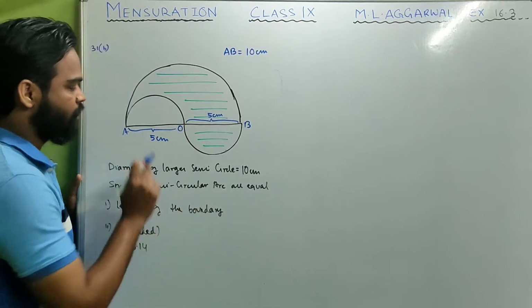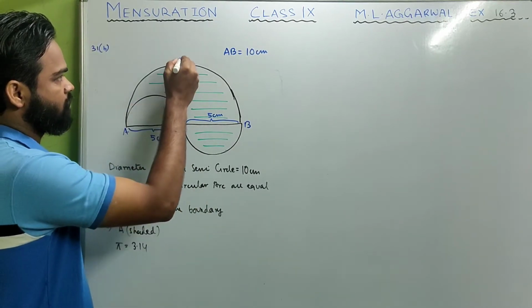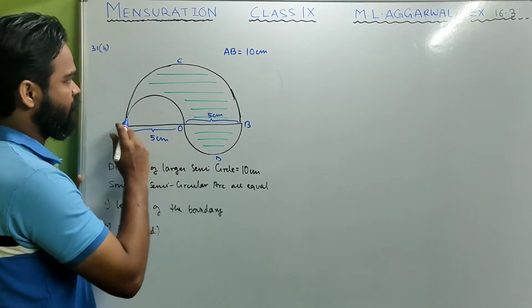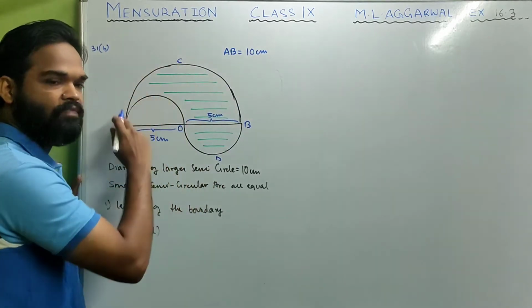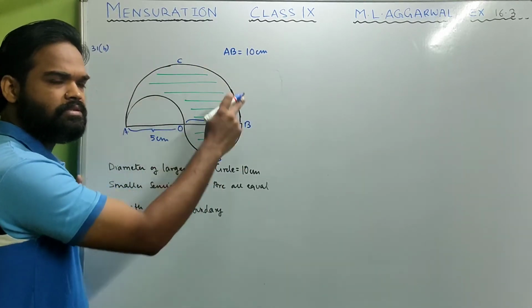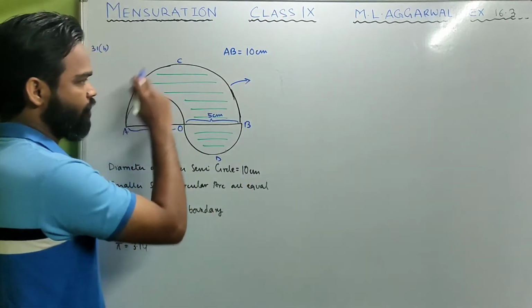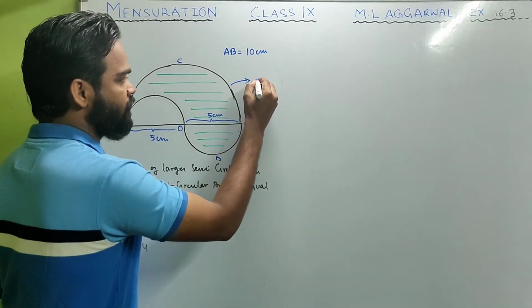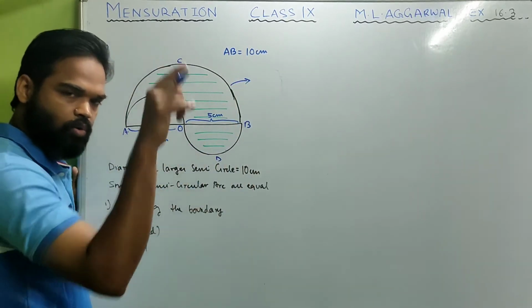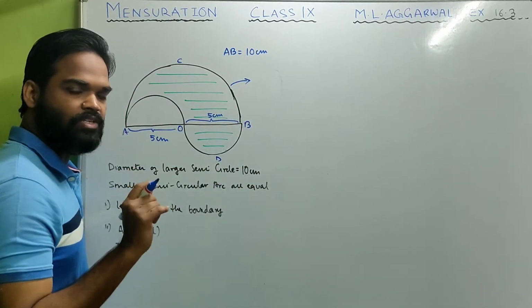Just look over here. When you talk about the boundary, suppose this is from ACD, this arc, if you see, that's the semicircle. Okay, so the circumference of the semicircle, this part, will be 2 pi r by 2, because for the whole circle the circumference is 2 pi r.